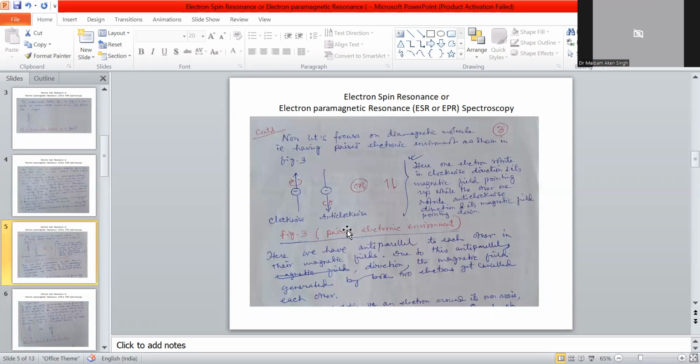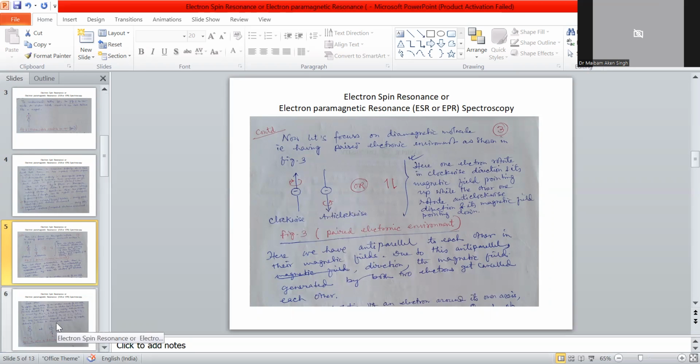We can see they are anti-parallel to each other in their magnetic fields due to the opposite direction. The magnetic fields generated by the two electrons cancel each other.